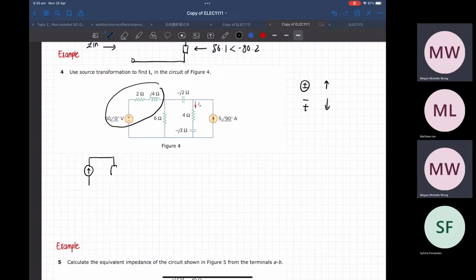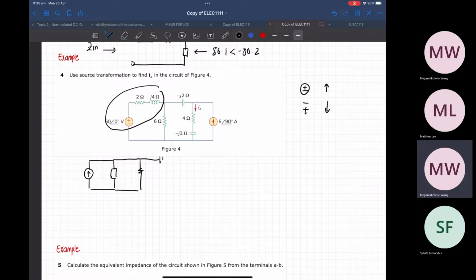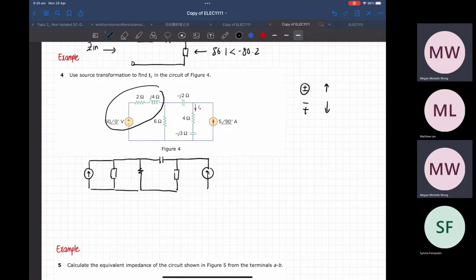And I would have impedance in parallel, and then another one in parallel, and then this one, and then my current at the output. This is 4 minus J3.